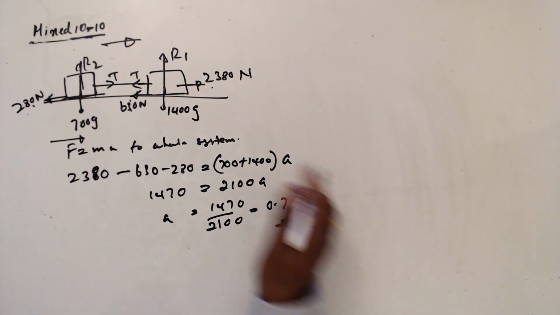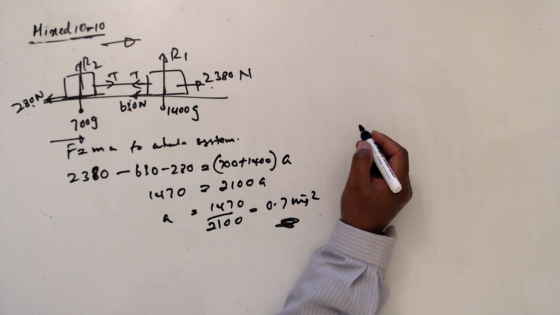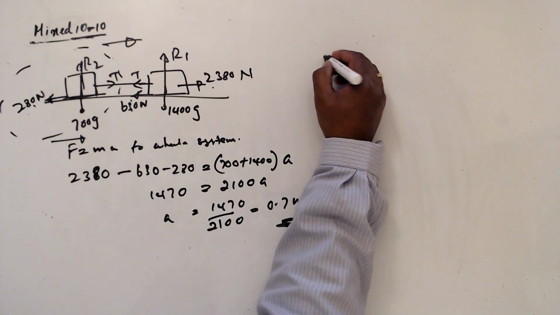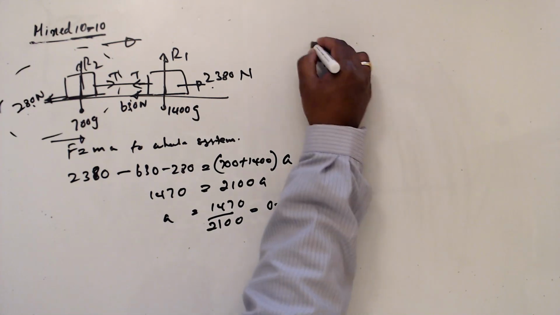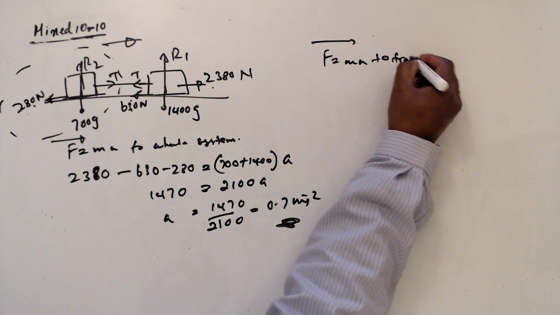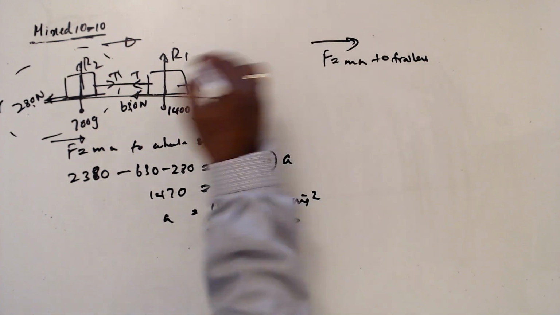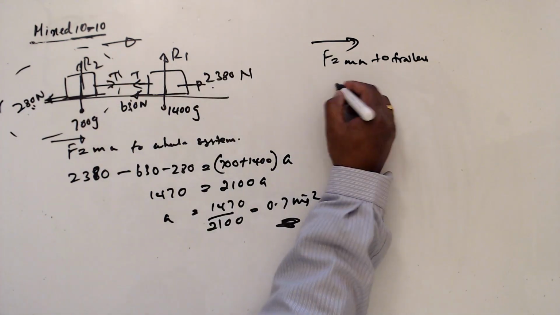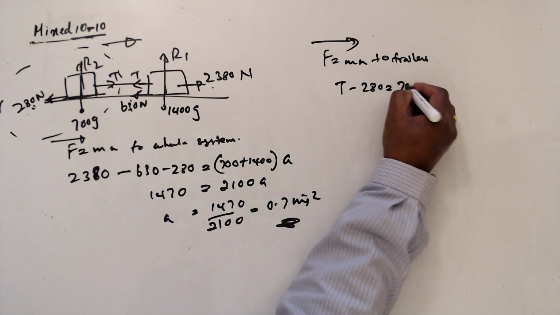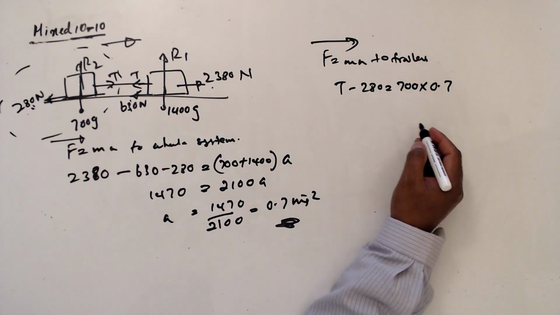Now we want to consider the tension. We want to find the tension, so we'll consider this setup. F equals ma for the trailer, two forces, the T and 280, equals m which is 700, and now we know a is 0.7.